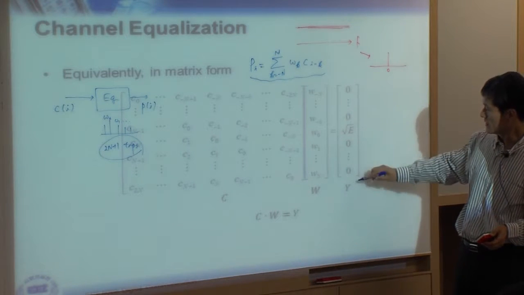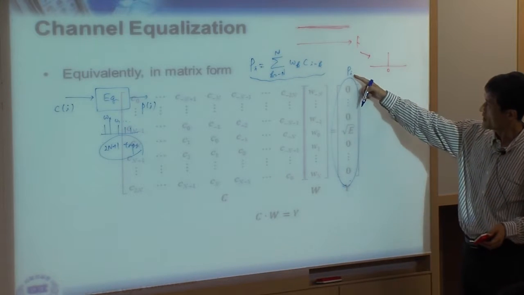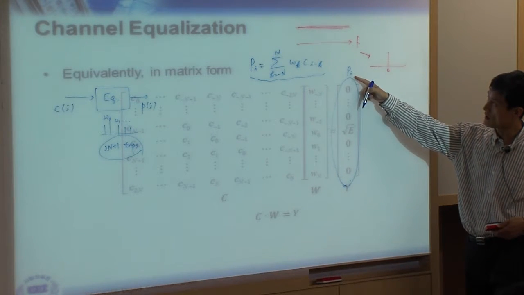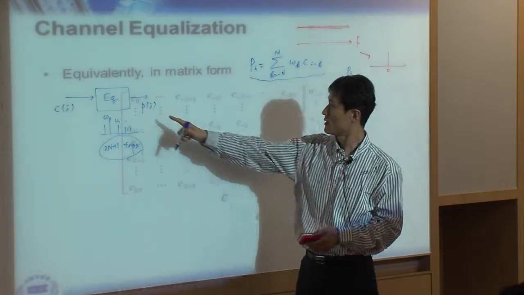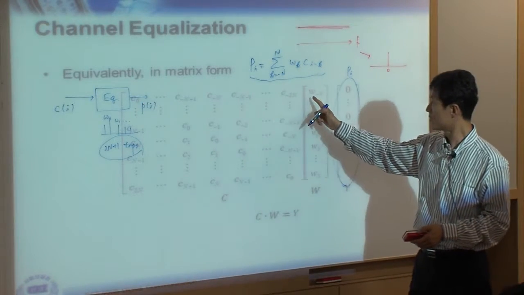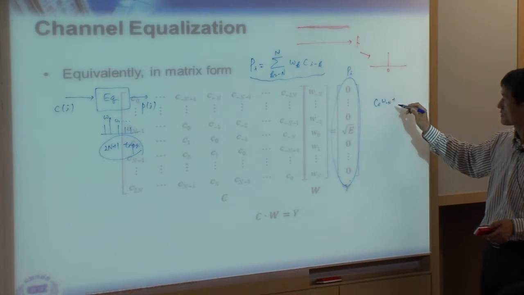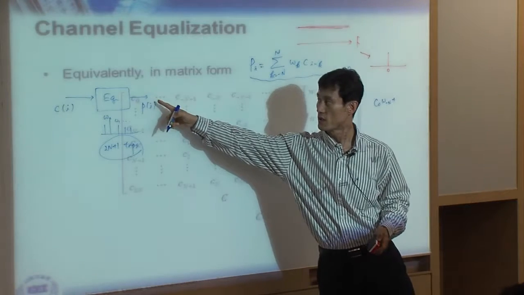You can try that. This is our P. Let's say P here, doing this calculation: C0 times W minus N, plus we have C1 here, right?